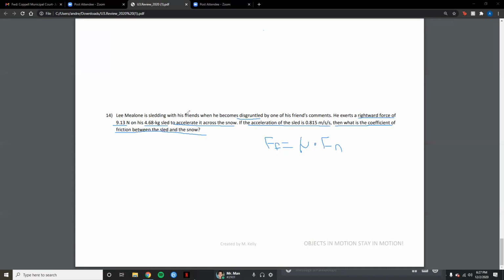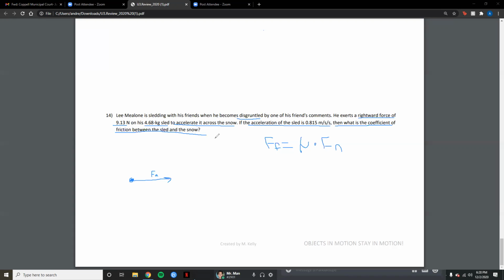So he exerts a rightward force of 9.13. Right, so we're gonna draw this out. So he puts the rightward force, which is F of a. Would that be F of a? Yeah, that would be F of a. Yeah, 9.13. That's correct.